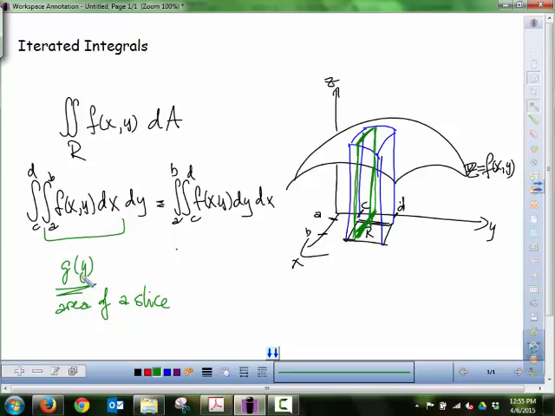So now you have an area function as a function of y, and then you integrate that from c to d, and then you would find this whole volume. You've done this before in Calc 2, where you found a volume of something, except you don't look at it as a double integral, of course, because you're not looking at it as a function of x and y. But you have done something similar to this before.